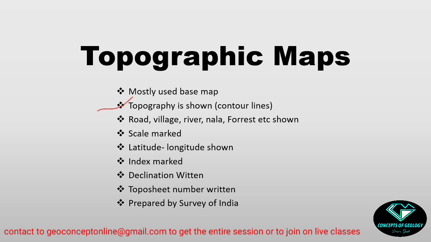On a topographic map, contour lines are drawn, and by interpreting these contour lines we can find out where a valley is placed, or where I will find a hill, or where a road section is going on. In case of a geological mapping, a road or nala section or river section or a rail track section is very important, because this is the section where we are going to have the outcrops or the rock cuttings.